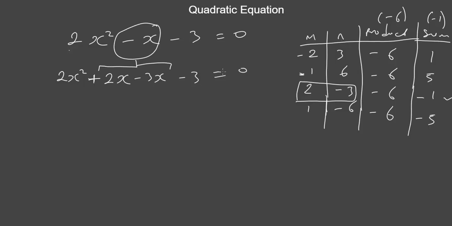Now, the next thing to do is to factorize. So what's common here? 2x is common. 2 is common here, and x is also common. So that will give you x. If you divide 2x squared by 2x, you get x. Then plus, if you divide 2x by 2x, you get 1. Now, what's common here? Note the minus. So we can take minus 3. 3 is common, but minus 3 is what you bring out, right?